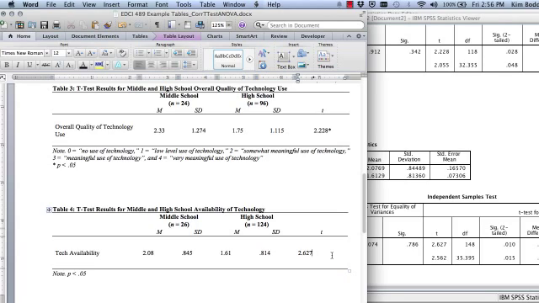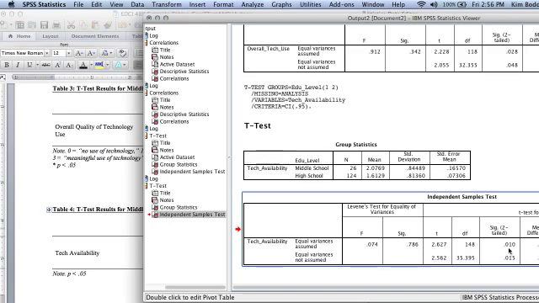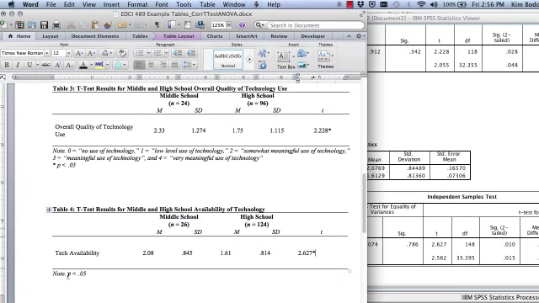So I'm going to put 1 asterisk, because remember my 3 levels are 1 star for less than 0.05, 2 stars for less than 0.01, and we talked about that in class. This is equal to 0.01, but it's not less than 0.01, so I get 1 star for that instead of 2. And then actually here I need to put an asterisk to say asterisk equals p is less than 0.05.